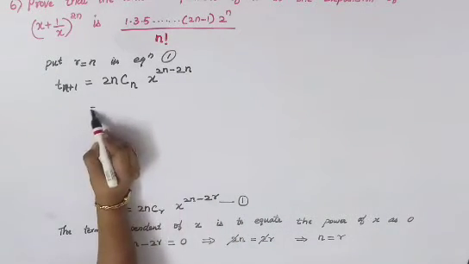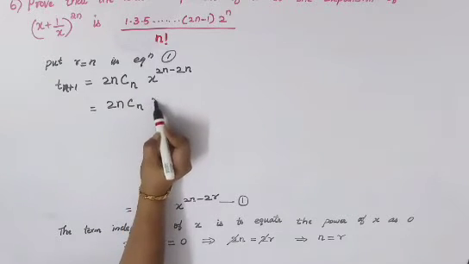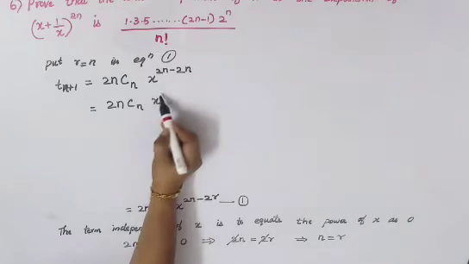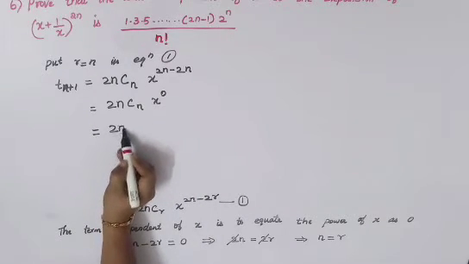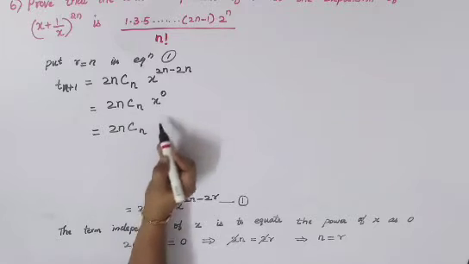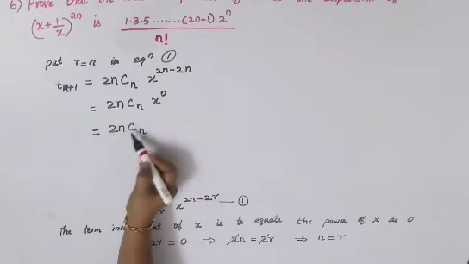So our next step is 2nCn, here x power 2n minus 2n will become 0. So that is equal to 2nCn, because x power 0 will become 1.